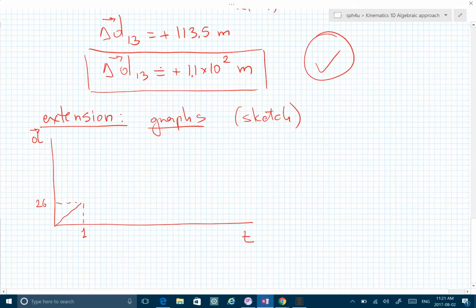Remember, about 26 meters. And then it slows down to a full stop till it gets to 110 meters, right? I haven't figured out this time, but I don't have to do it.